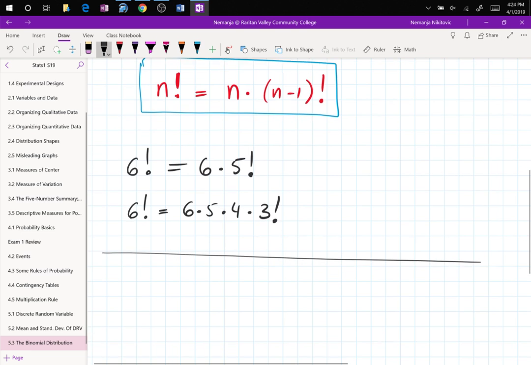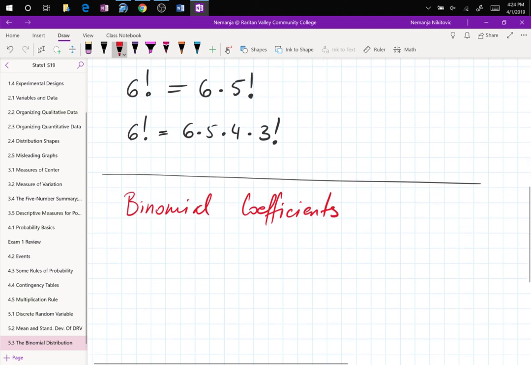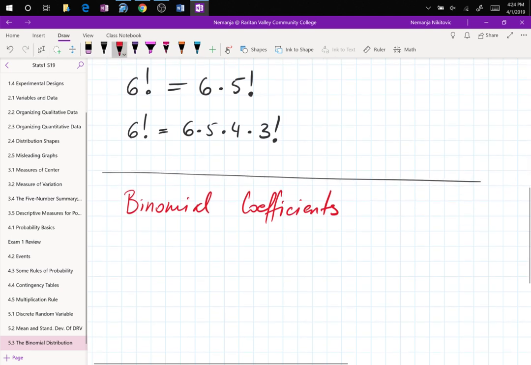Now, the next definition that we need to survive this is binomial coefficients. Binomial coefficients are denoted almost as a fraction. There is no line. It's not a fraction.